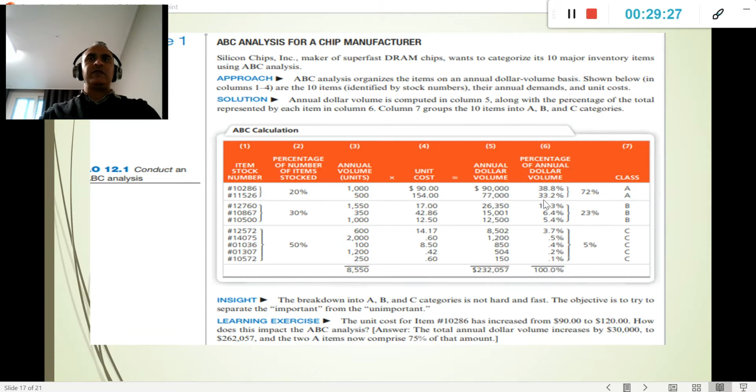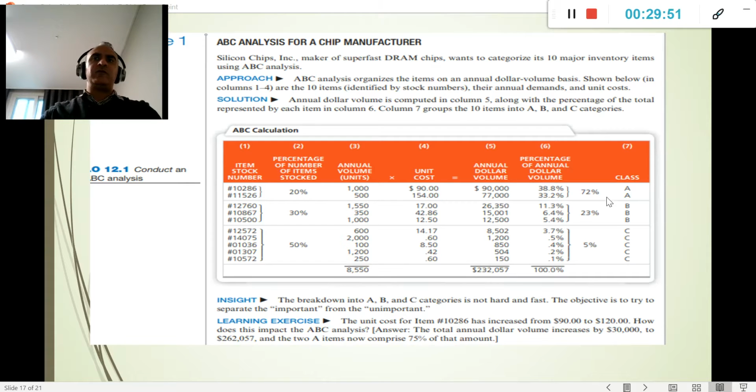So they represent 72% of the cost of my inventory. And this is troublesome, because if these things don't move, I have them in inventory. Yes, they are critical, but I have a lot of money in stock if I don't have any demand. So you have to be very careful.